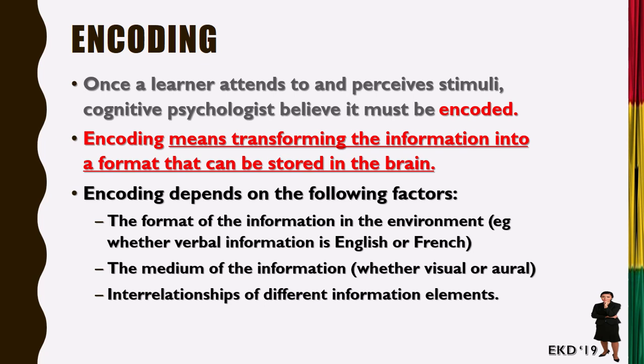But if I use English, it goes straight. Now the medium of the information, whether visual or oral. When it is visual, it's encoded faster than when it is oral. Then the relationship between the elements of the information.